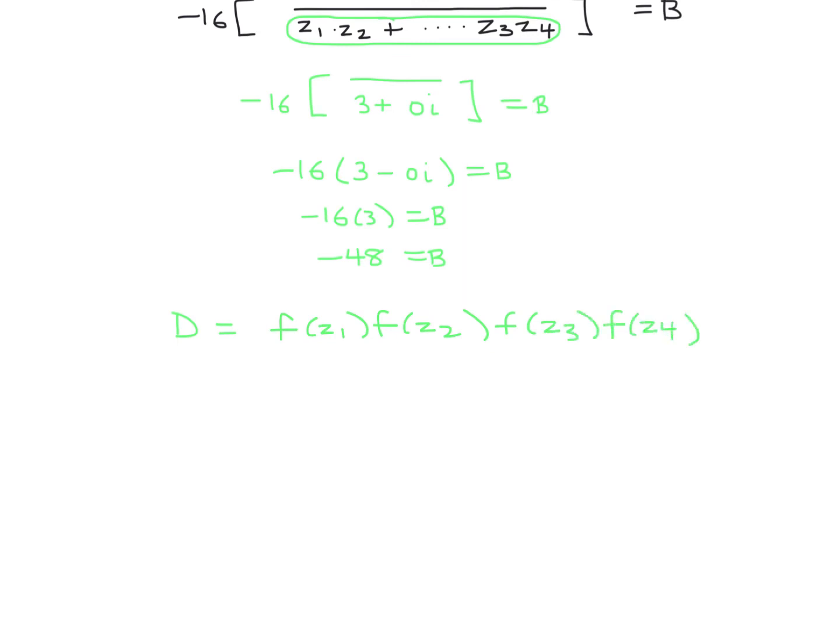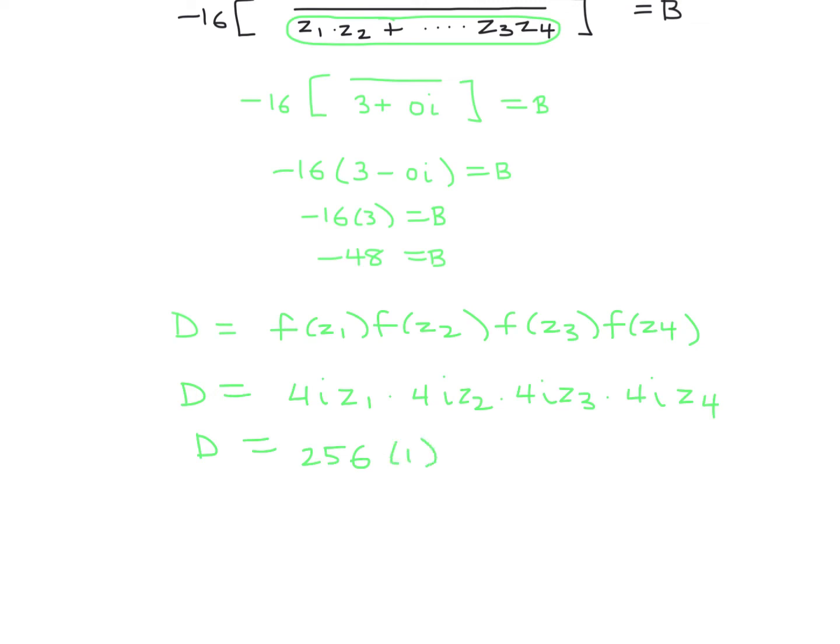Got it? And then we use the definition. So this is 4i z1, 4i z2, 4i z3, 4i z4. So this looks like 16 times 16, 256. i to the power of 4, so that's going to be 1.